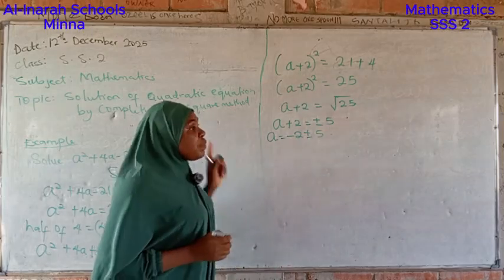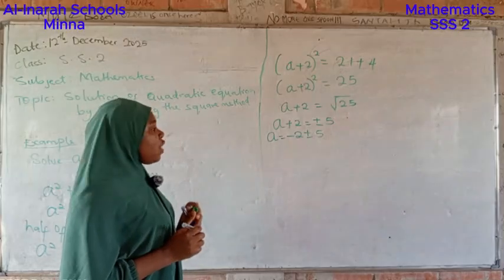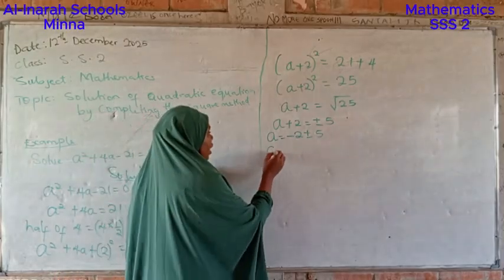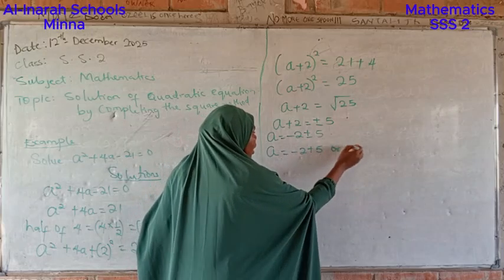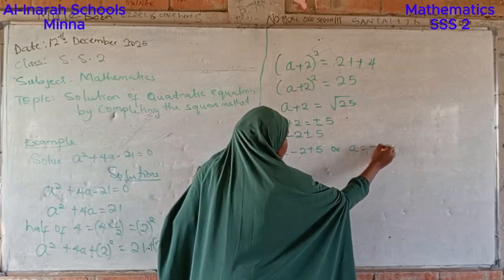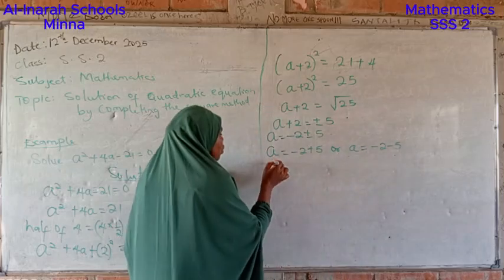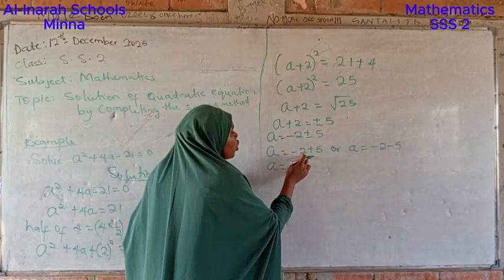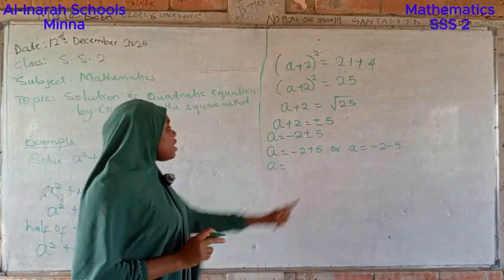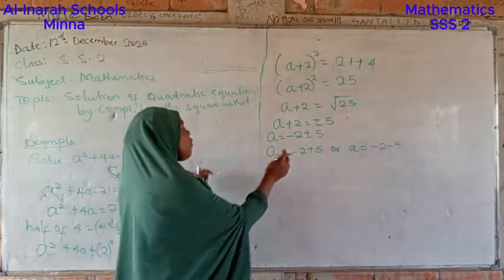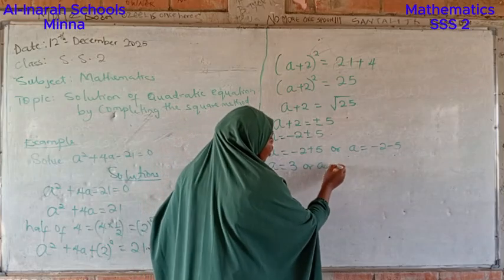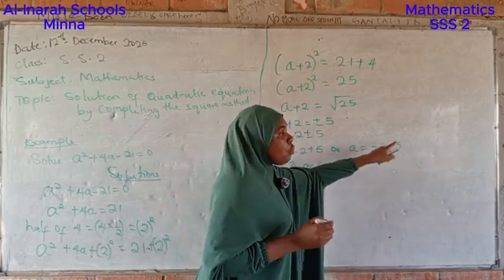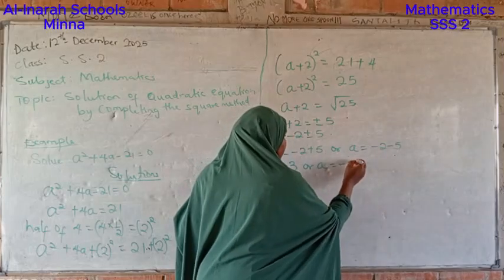That means my a is going to have two possible values: a is equal to minus 2 plus 5, or a is equal to minus 2 minus 5. So a is equal to minus 2 plus 5, which is the same thing as 5 minus 2, sorry, so I'm going to have 3, or a is equal to minus 2 minus 5, which will give me minus 7.